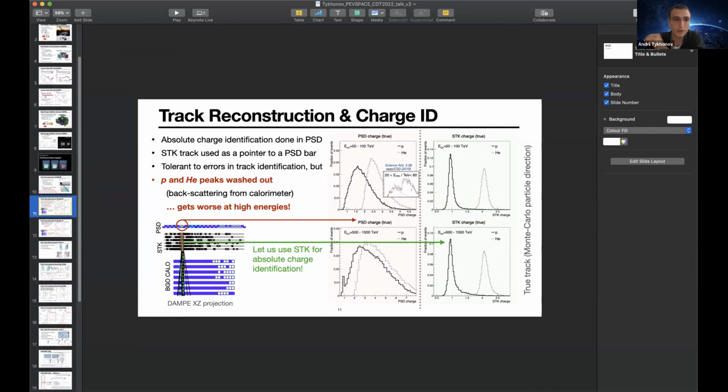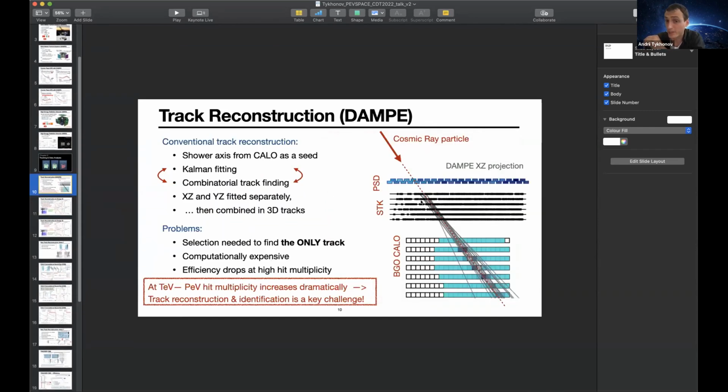If you look at this plot, you see a lot of hits, so we need a precise track direction to identify which exact hit belongs to a particle. If we can do this, then we measure dE/dx precisely, also because you have up to 12 hits, but the beta block is saturated at PeV, no matter what the particle type is.